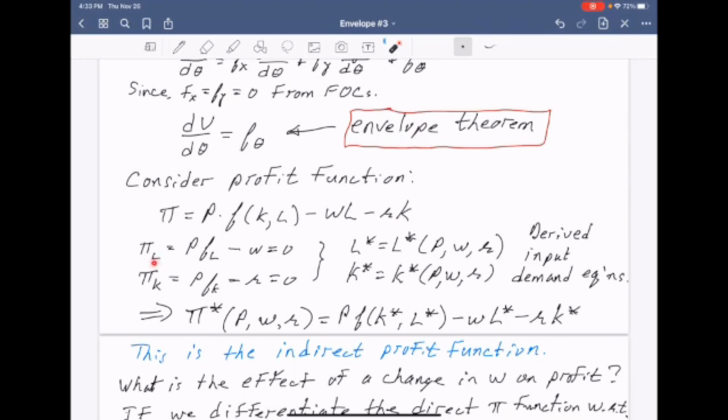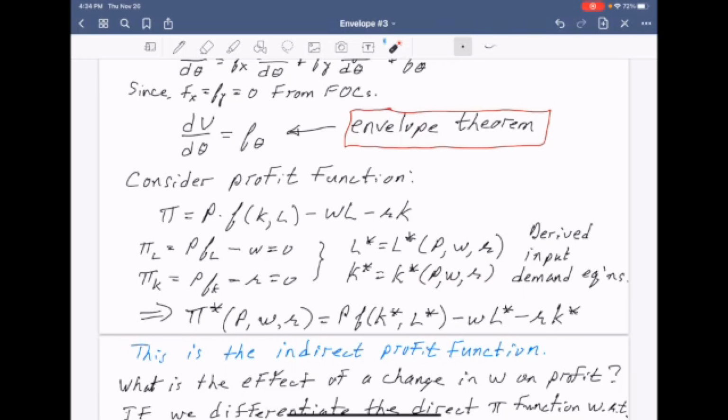We find that the first partial derivative of the profit function with respect to labor is equal to the value of the marginal product of labor minus the wage rate equals 0, and the same for capital: the value of the marginal product of capital minus the input price of capital is equal to 0. And from that, we derive these input demand equations, L star as a function of output price and these input prices, and K star as a function of output price and the input prices.